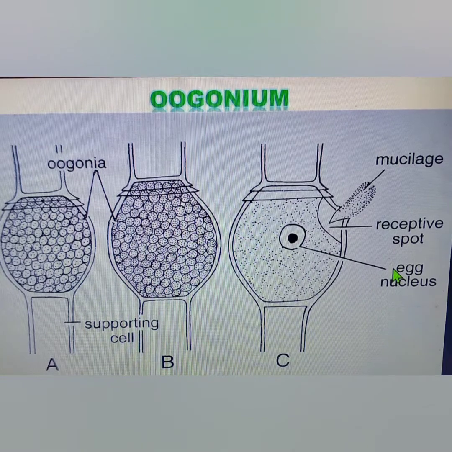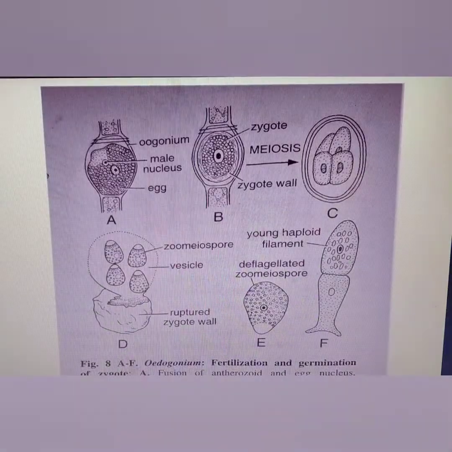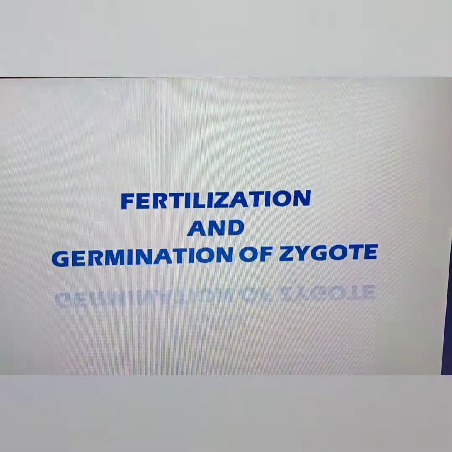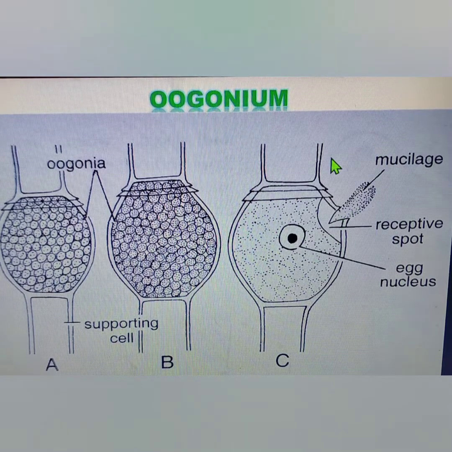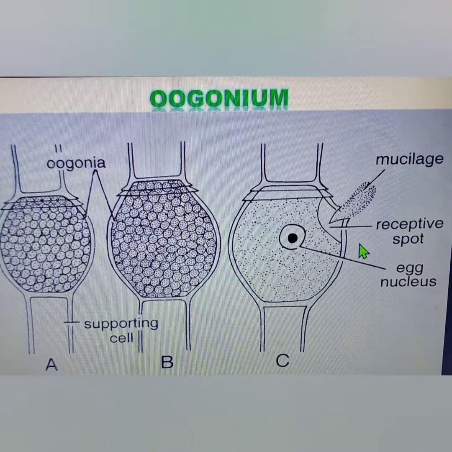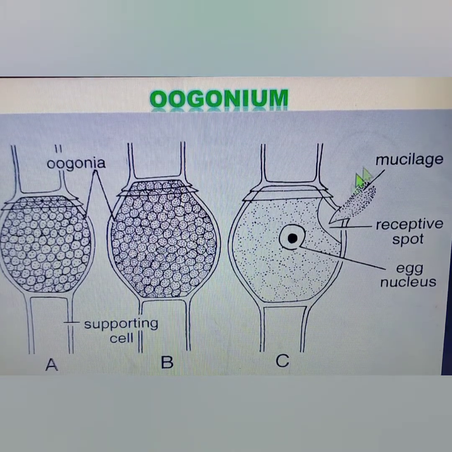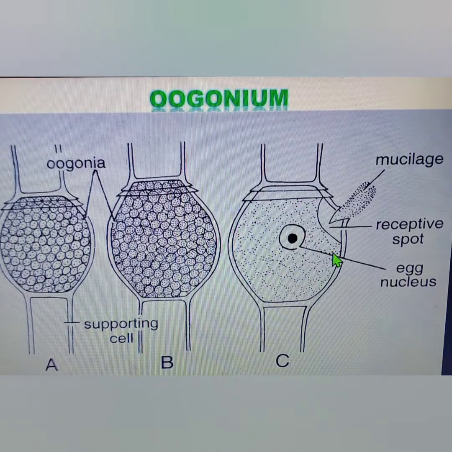But in this case, how do the Antherozoids reach the oogonium? They are attracted chemotactically. Due to the chemical stimulus, these Antherozoids will be attracted to the oogonium.